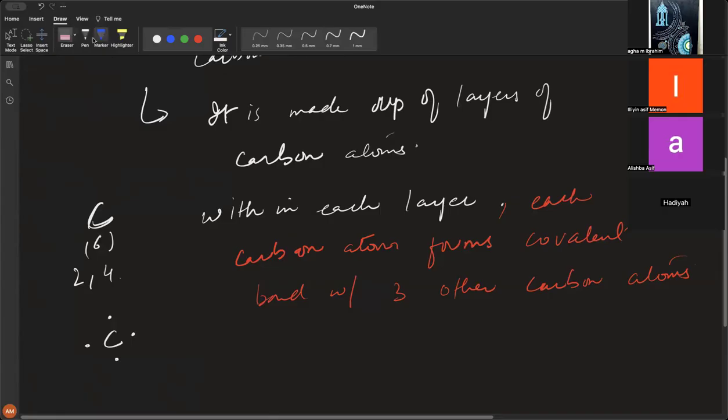We see that only three electrons get involved in bonding, and the fourth electron actually slips out and moves as a free moving electron in the layers of carbon. You understand? Is everybody able to get it? This is how they are made.